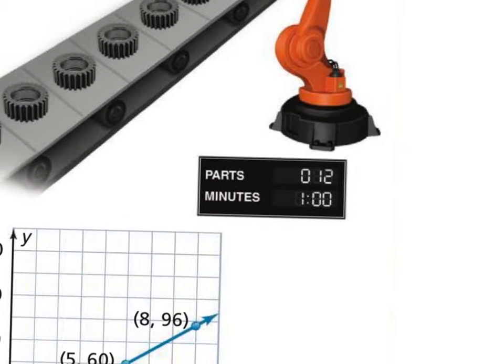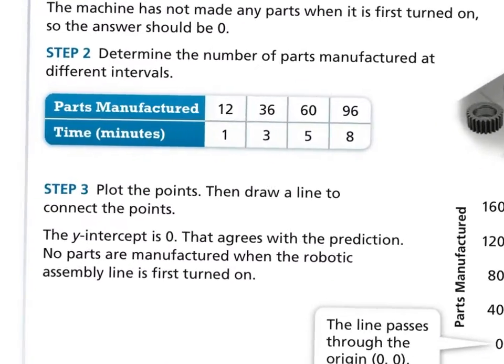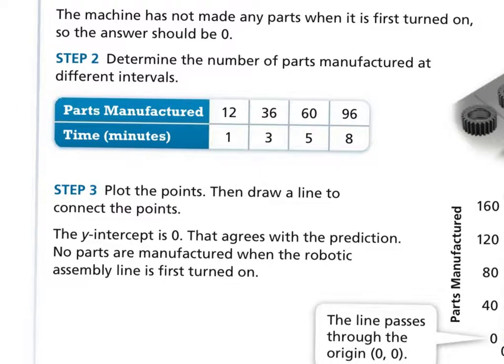You can see here from this information it's making 12 parts in 1 minute, so 12 parts per minute. I would have gone ahead and said 24 parts in 2 minutes. The book skipped ahead, that's okay. 36 parts in 3 minutes. And really, once you get 3 points, that's enough to tell what it's doing.